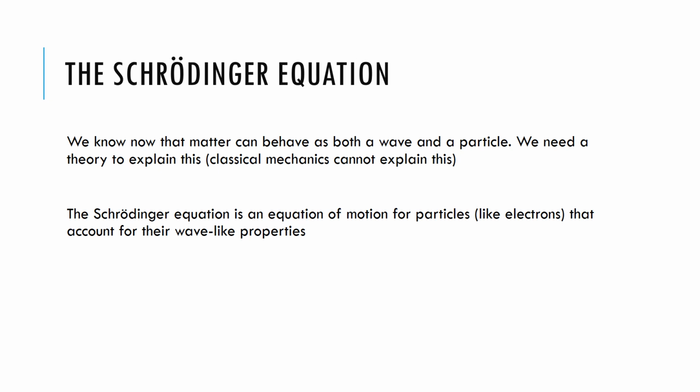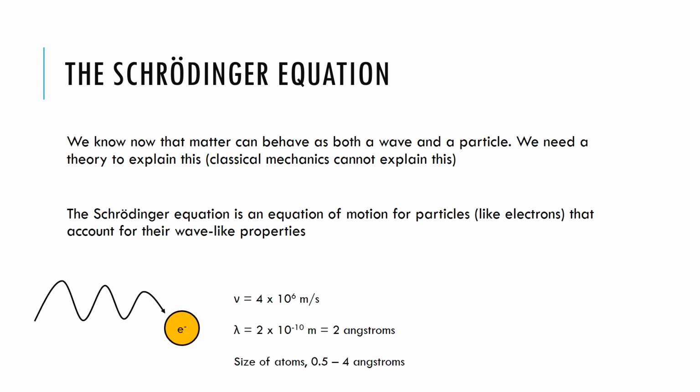And so the Schrodinger equation is an equation of motion for particles like electrons that account for their wave-like properties as well as their particle-like properties. And again, this is important because suddenly the wavelength of the electron is of the same size as the diameter of an atom.